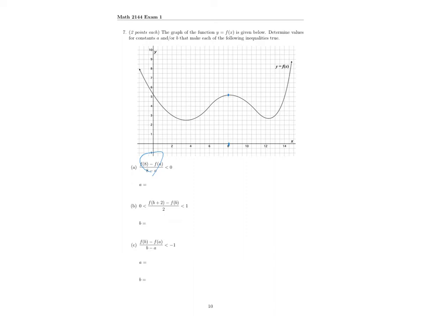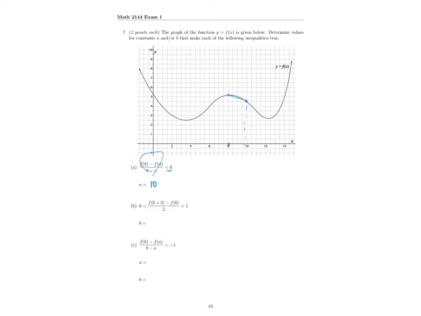I want to pick another value so that the slope of the secant line is going to be negative, because I want it to be less than 0. So really a could be, let's just let a be 10. It could be 10, it could be 9, it could be anything like that. So we just want the slope of that secant line to be less than 0. So any of those values would work.